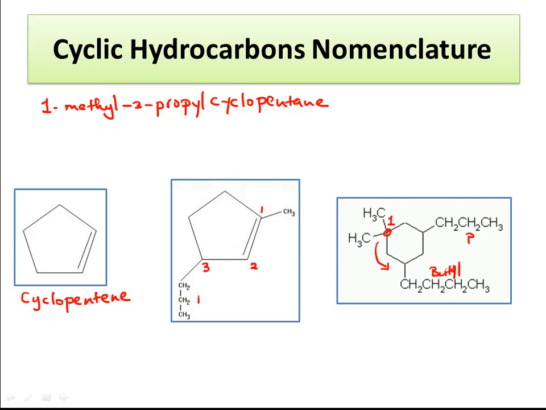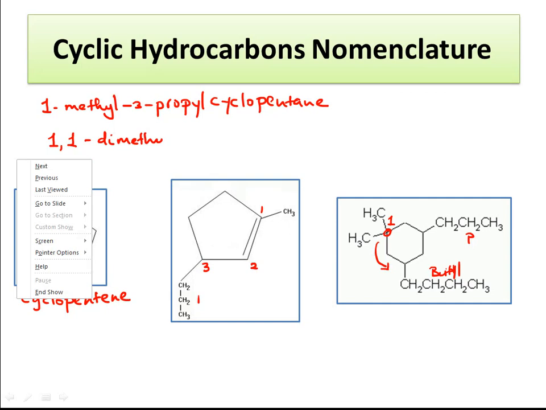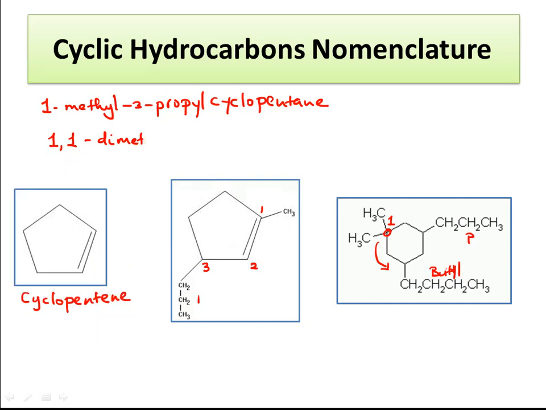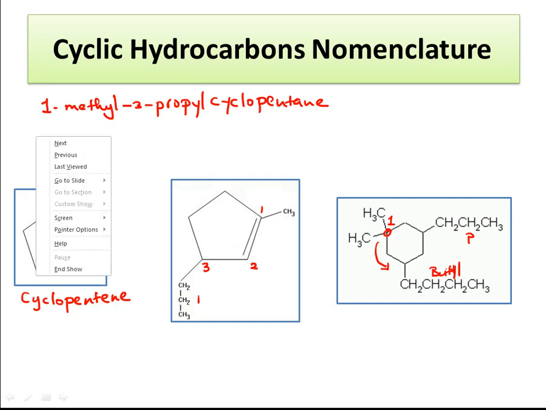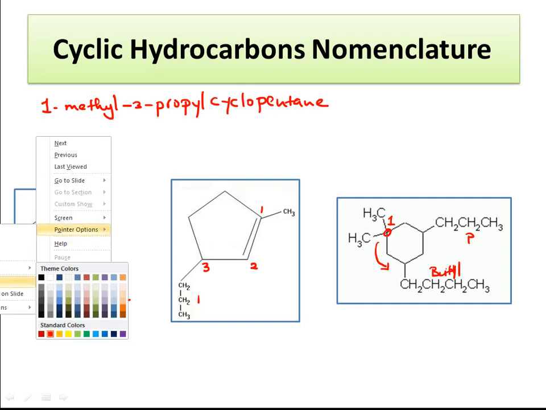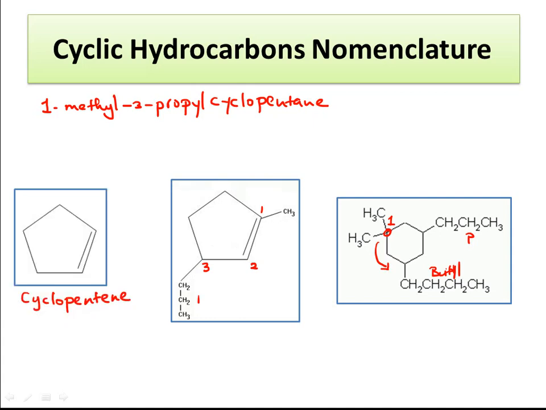So this one here, we've got 1, 1 dimethyl. Sorry, we don't start with this one, my bad, I just made a mistake there, because methyl comes after B, M comes after B. It helps if I know my alphabet, but anyway, it does happen.